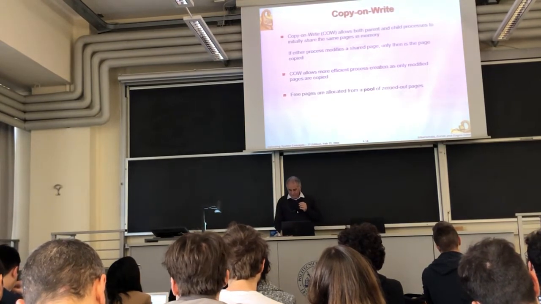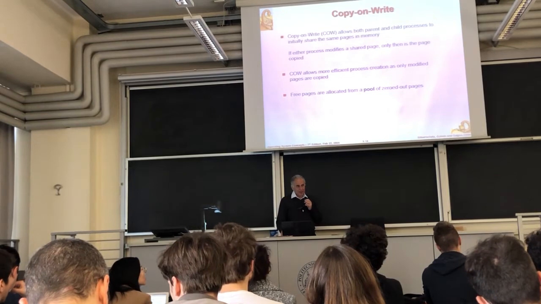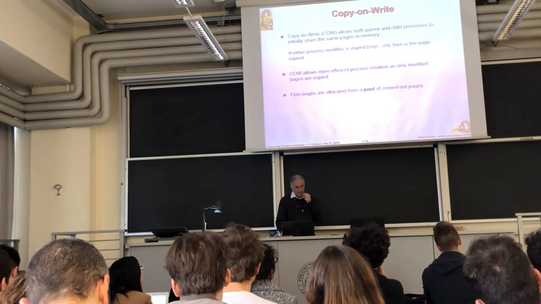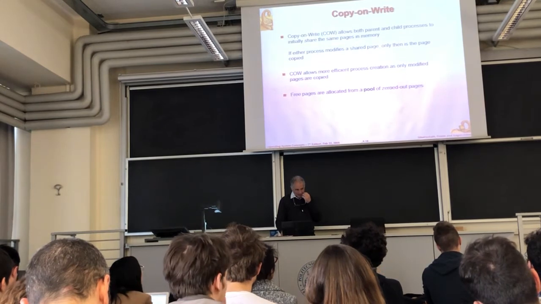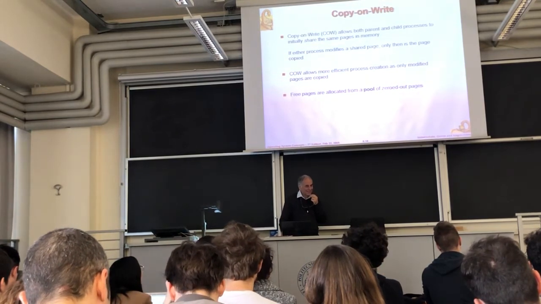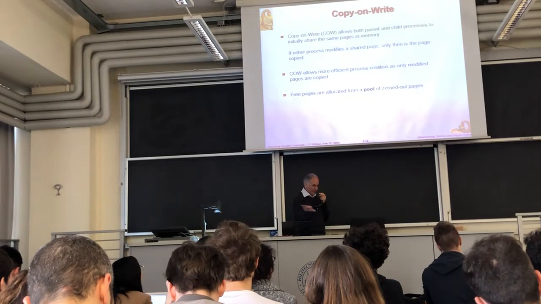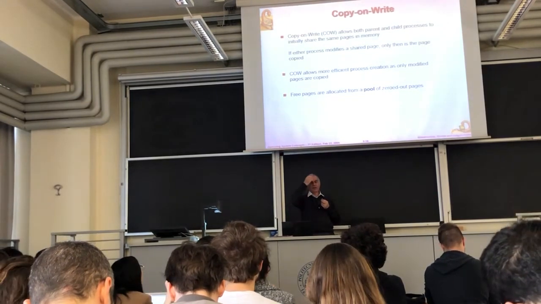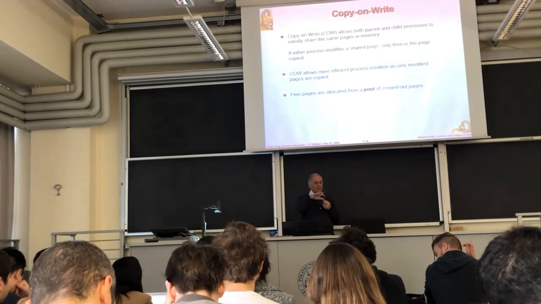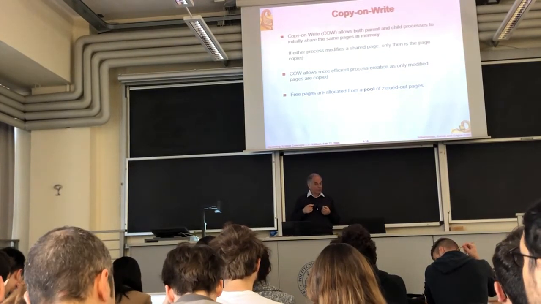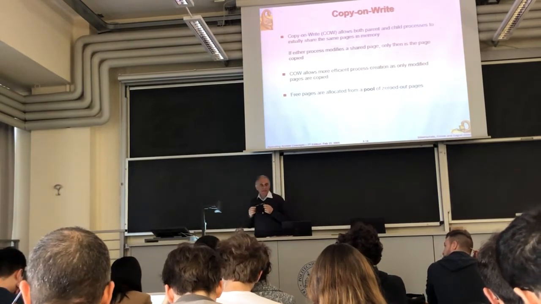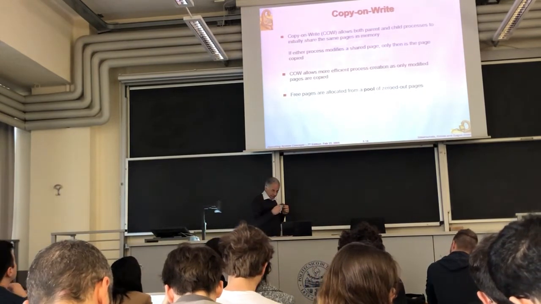Now, if the child process, if the child thread is changed, the parent also changes what? No, wait. I just arrived at the point. So, of course, initially, also the stack pages, everything is shared, okay?